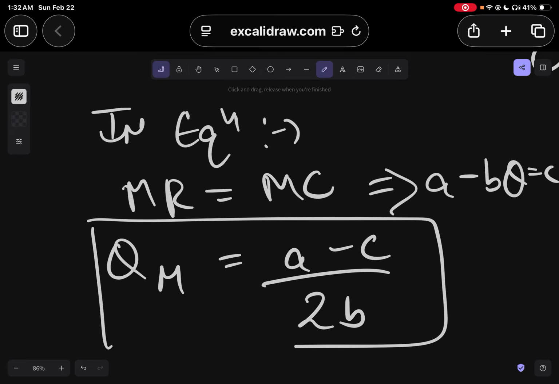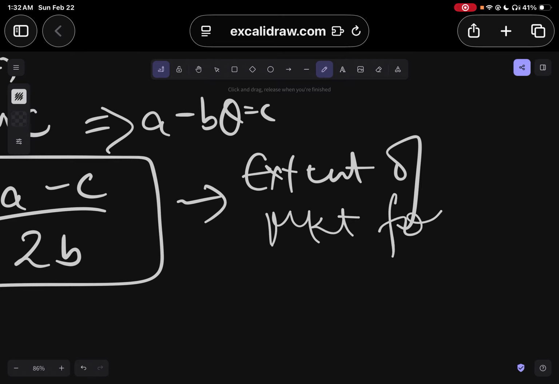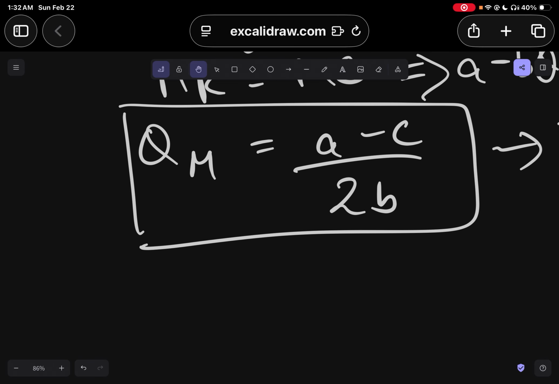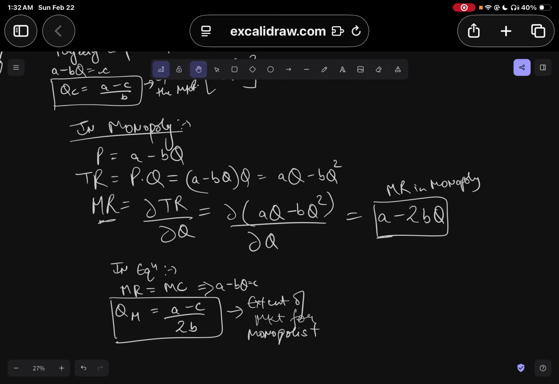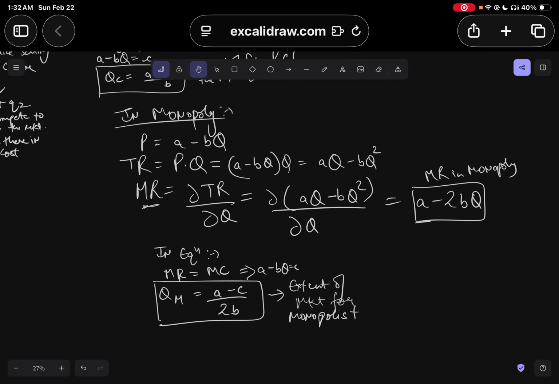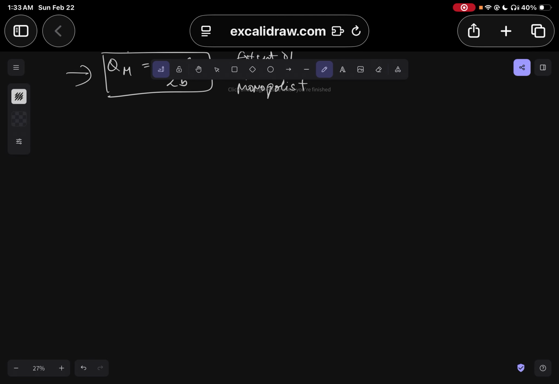This is the extent of market for the monopolist. I would make a table to compare all the extents of market in the case of monopoly, Cournot, and perfect competition. But this is for the monopolist. This is for the perfectly competitive market.